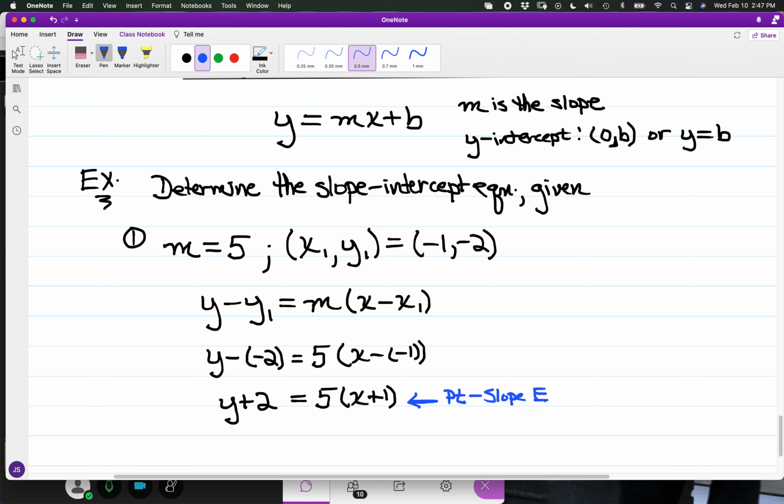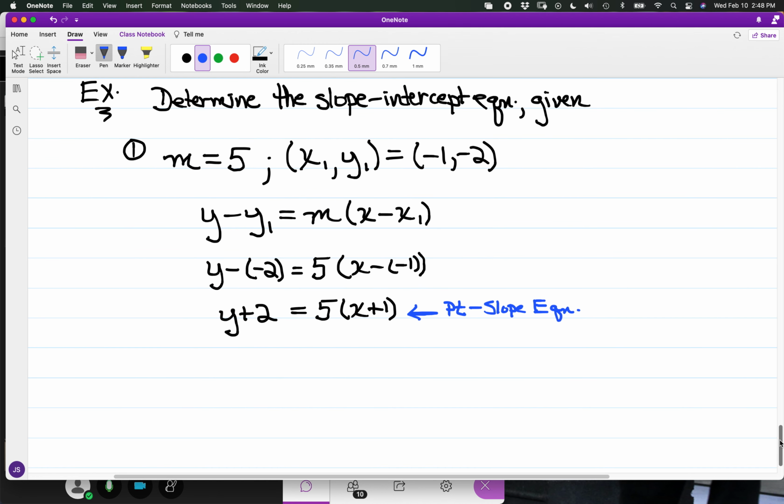To find the slope-intercept equation, we're required to isolate y. Right now we have y plus 2, and with the distribution of 5 over the quantity of x plus 1, we have 5x plus 5.